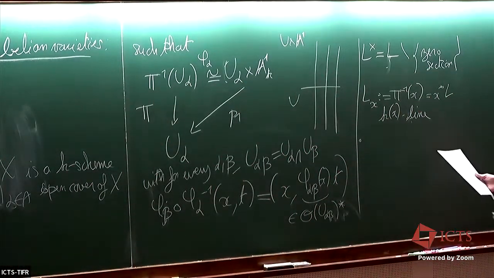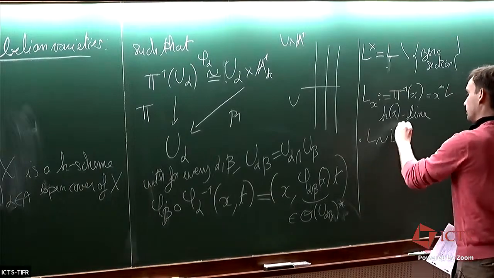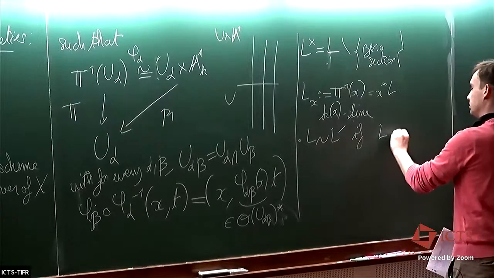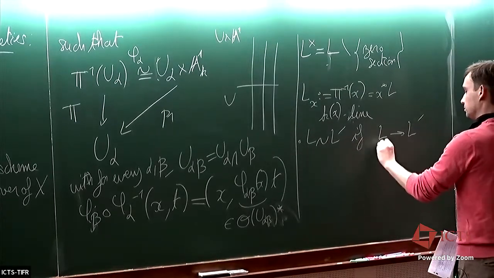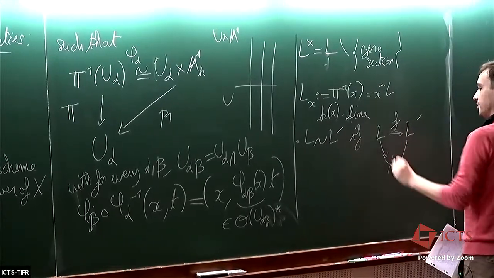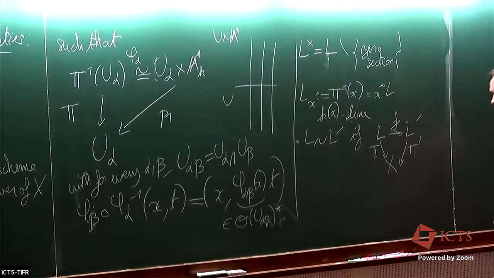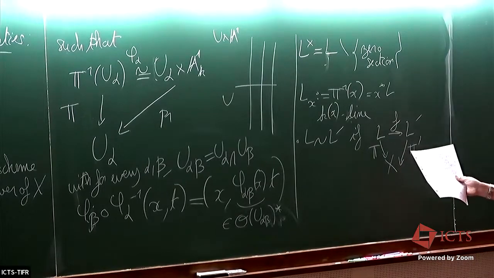Here, we can say L is isomorphic to L prime if you have an isomorphism of schemes F that commutes with the projection. And what's more, you also want this to satisfy the structure.